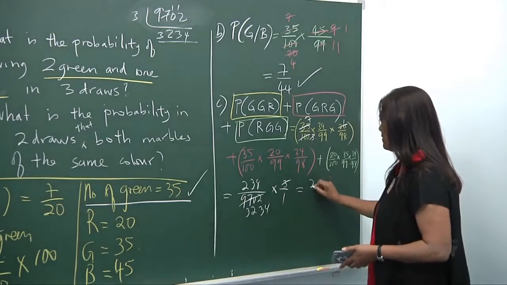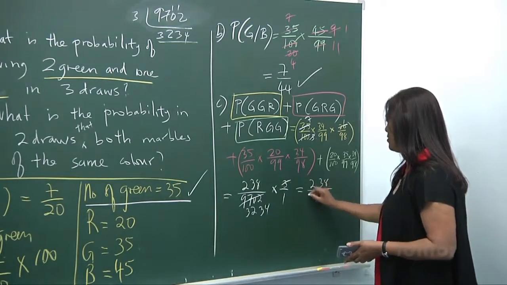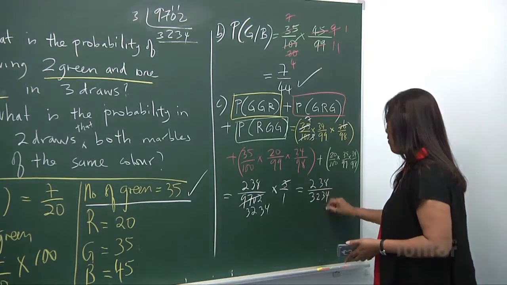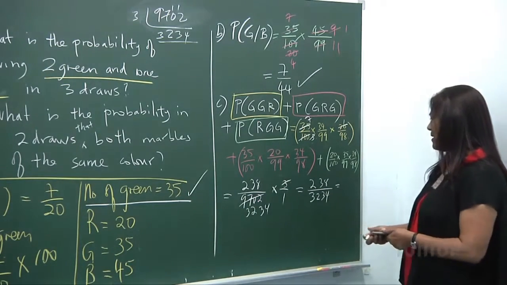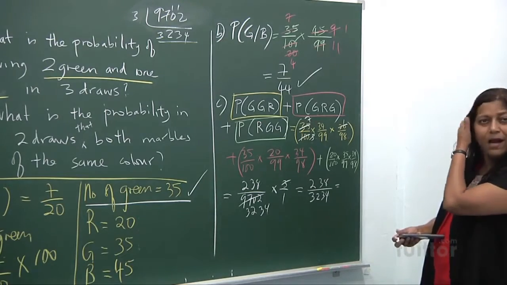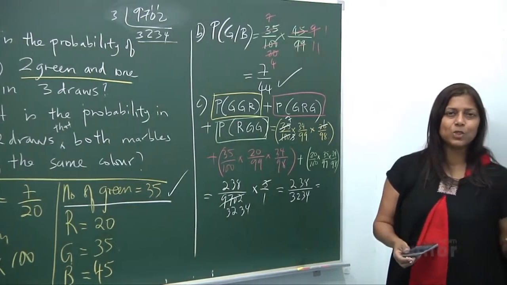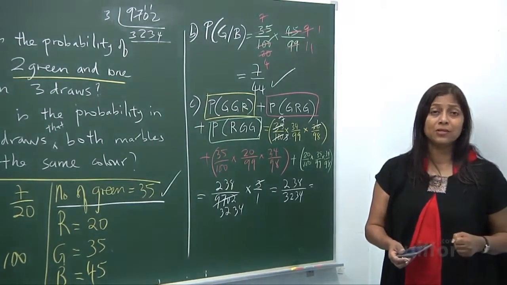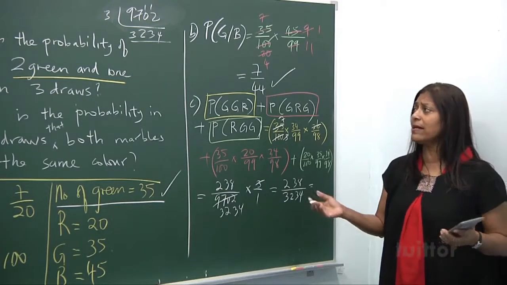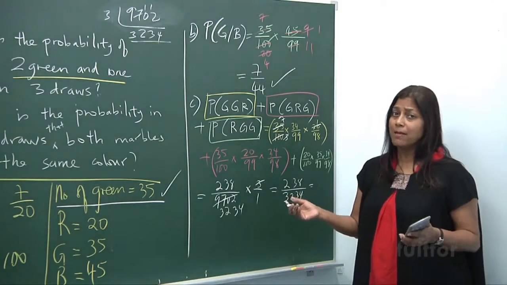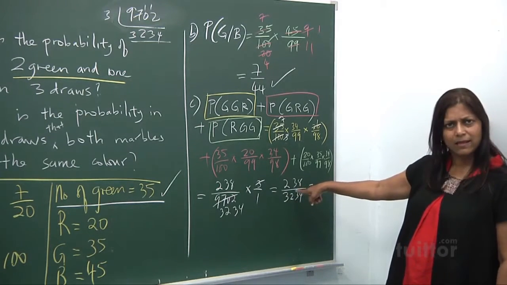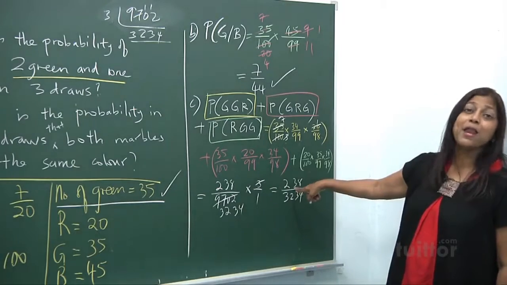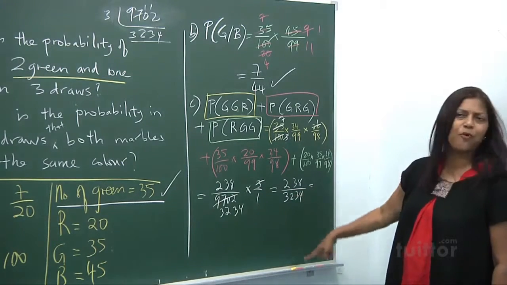So what you've got is 238 over 3234, and you can reduce it further. You can see the last two digits. How do you see if a number is divisible by 4? You look at the last two digits. If the last two digits are divisible by 4, that means the number is divisible by 4. Look at this, 38. Is it divisible by 4? No. How about here, 34?